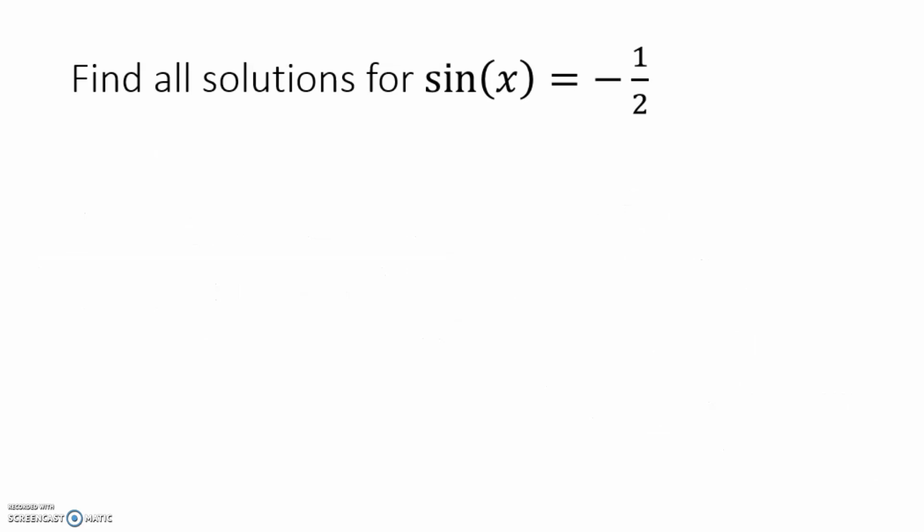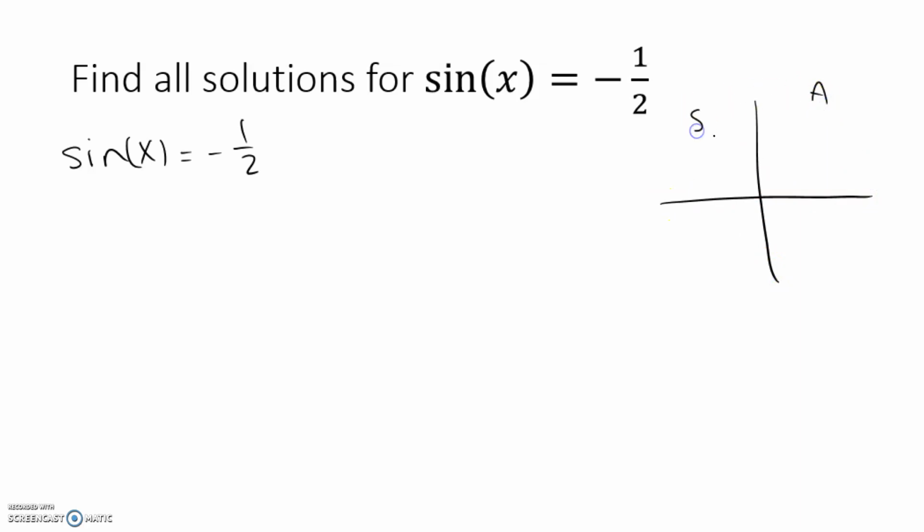Sine of x is equal to negative 1/2. I don't have a 1, a negative 1, or a 0, so I won't use the unit circle. The next question I would ask is, where is sine negative? All students take calculus, so sine will be negative in the third and fourth quadrants.